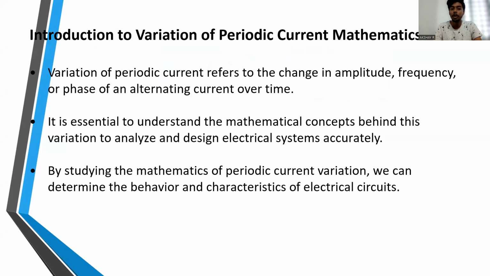The variation of periodic current refers to the changes in the amplitude, frequency, or phase of an alternating current over time. It is essential to understand the mathematical concept behind this variation to analyze and design electrical systems accurately.